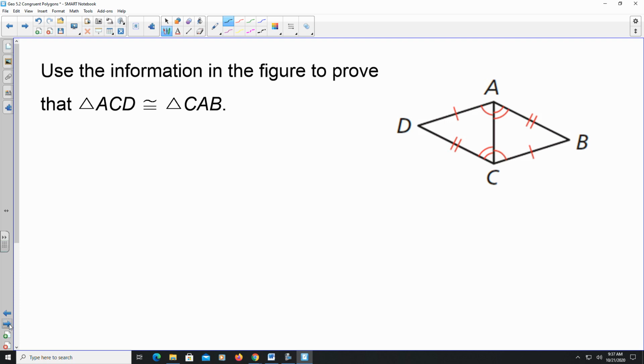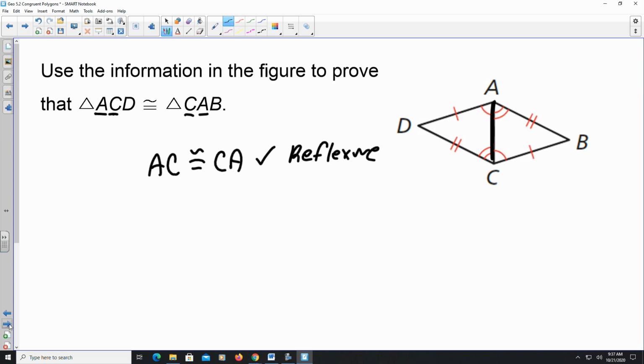First off, does AC, is that congruent to CA? If you notice, they are just flipped. They share this side of both of the triangles. Since they are the exact same line segment, yes, they are congruent because of the reflexive property. Okay, so that's one.